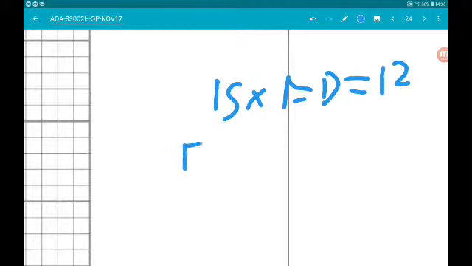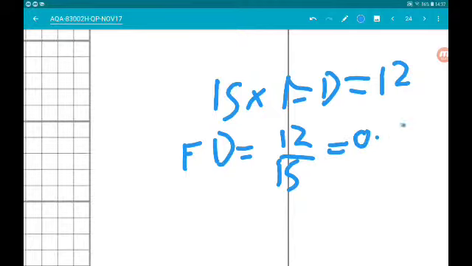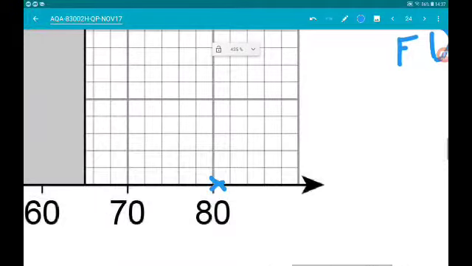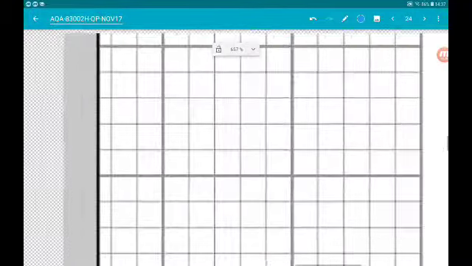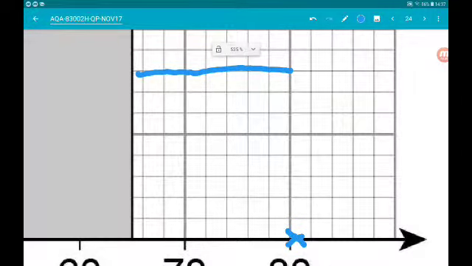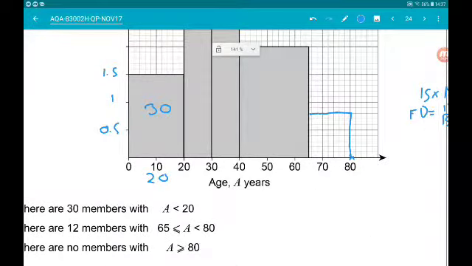So the frequency density is equal to 12 over 15, which gives us 0.8. So the box is 15 wide and 8 high. So 8 little squares. Just going to be there. So there is our completed histogram.